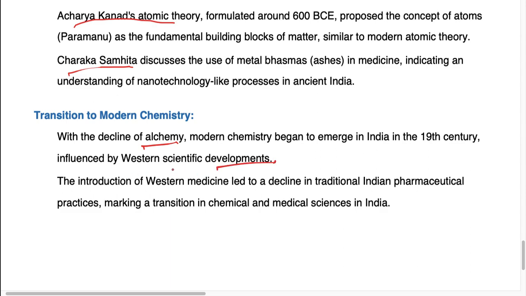The introduction of Western medicine led to a decline in traditional Indian pharmaceutical practices, marking a transition in chemical and medical science in India.